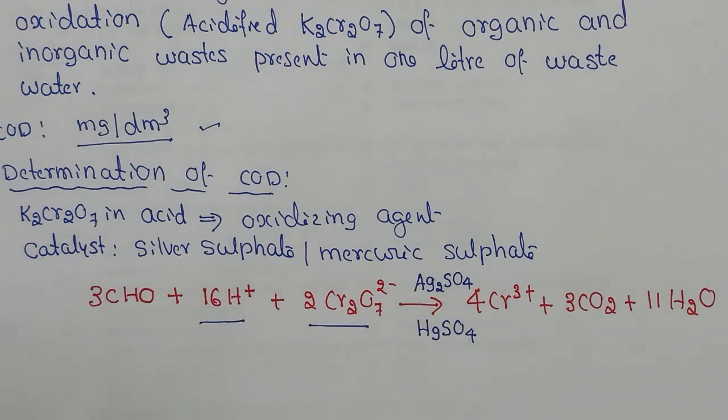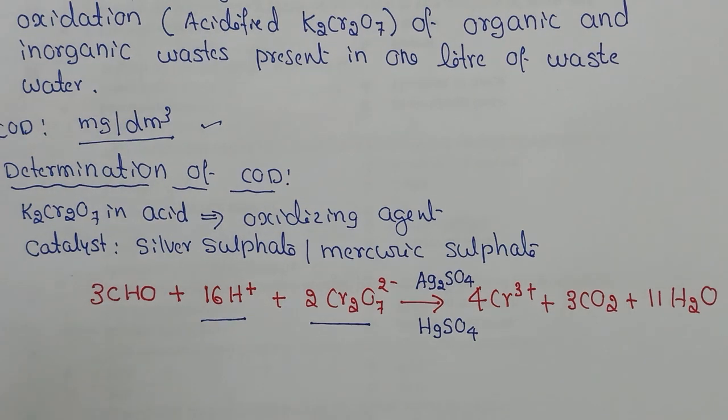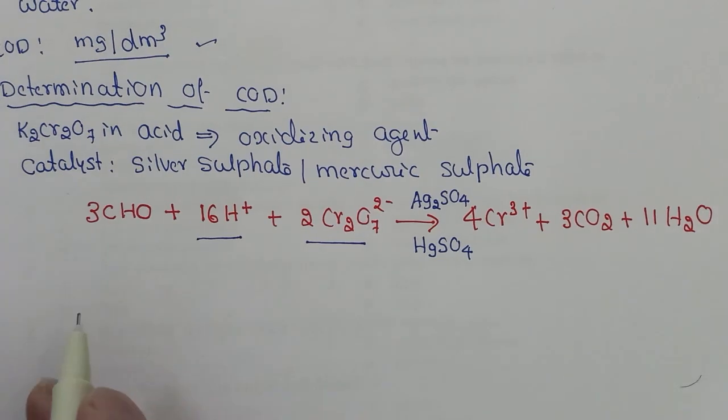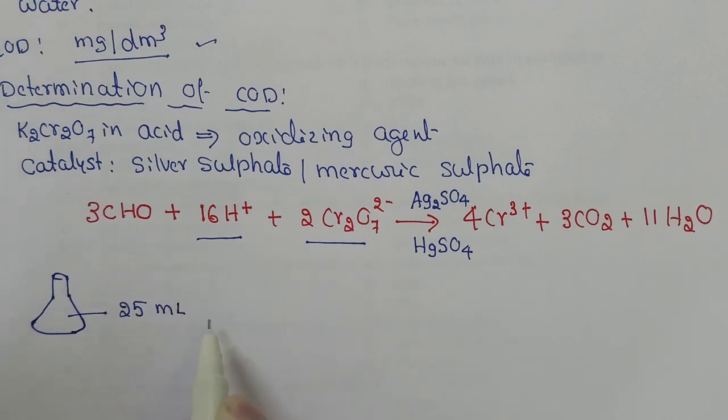Now let us see how the experiment is actually done. During the determination, we take 25 ml of wastewater or sewage water in a clean conical flask, or we can take it in a round bottomed flask.